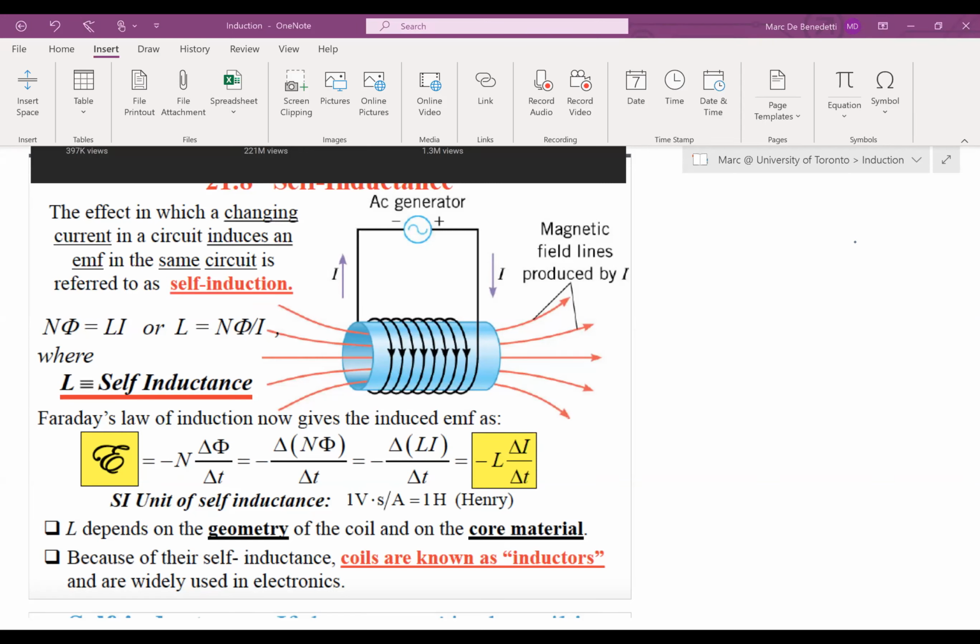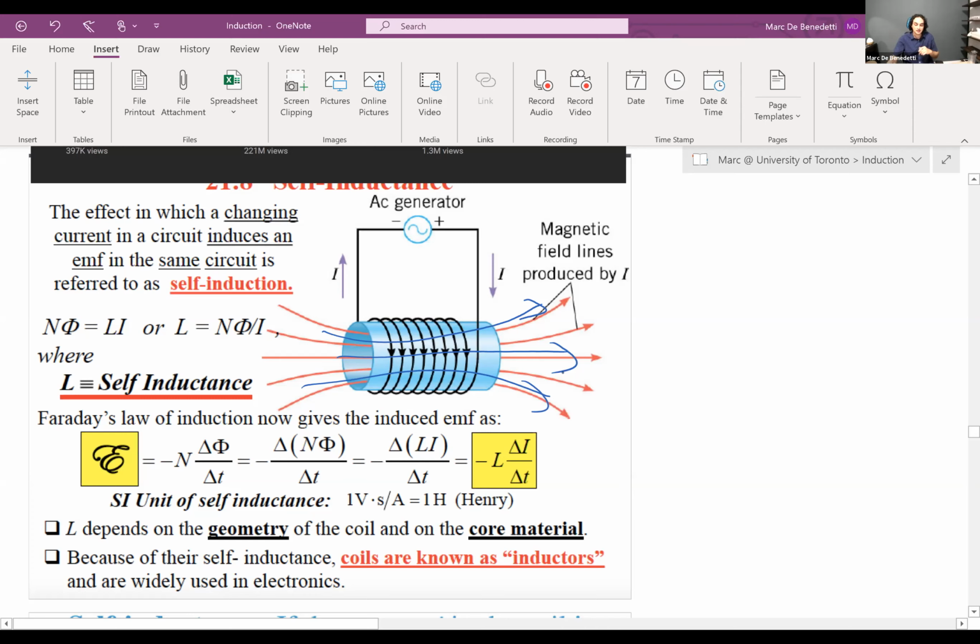Sure. Okay. Anyway, sappy segue aside, because I'm terrible with segues. The very last thing I want to acknowledge in this chapter is that not only does the changing magnetic field in the secondary coil induce a voltage by Faraday's law, but the changing magnetic field that the primary coil feels is also Faraday's law in itself, right? You can't forget that the primary coil has a current through it and is thus generating a magnetic field through its own core, through its own center.